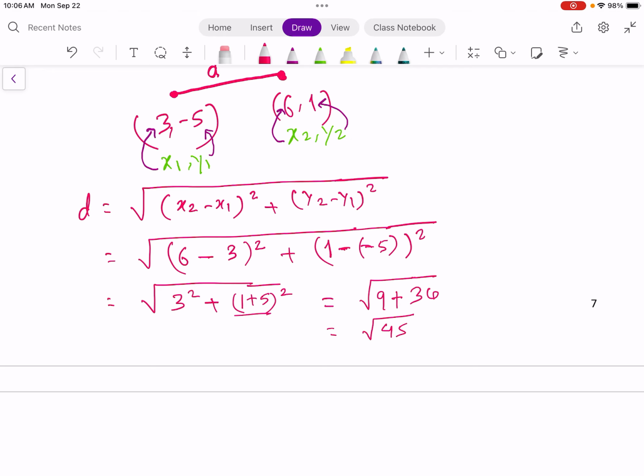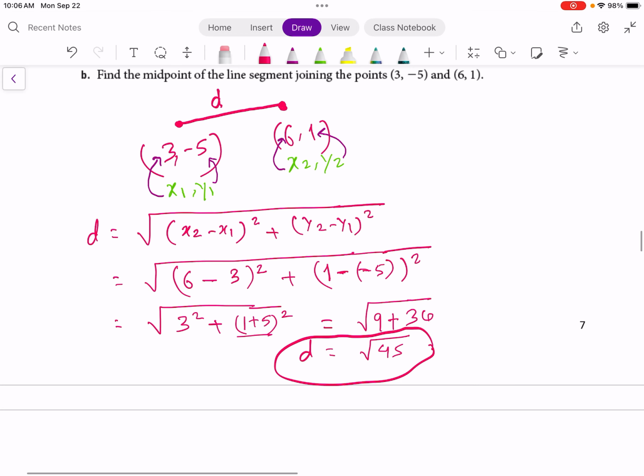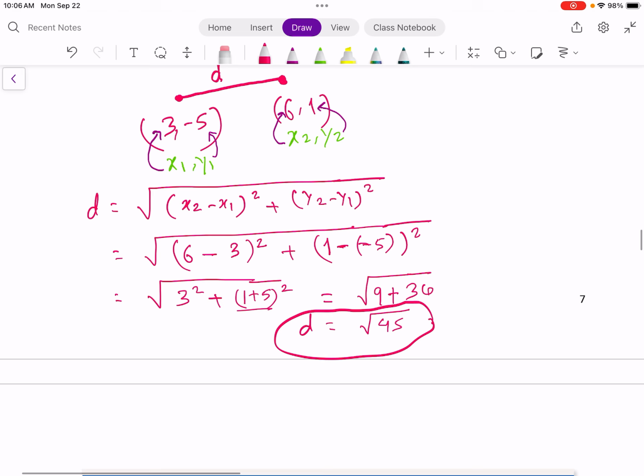So the square root of 45 is the distance between these 2 points. So you call the first point (x1, y1), the second point (x2, y2), and substitute those in the distance formula.